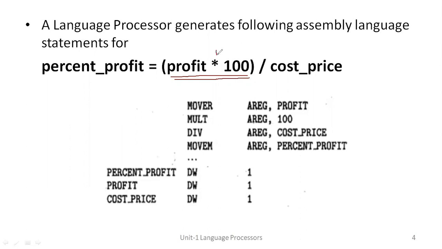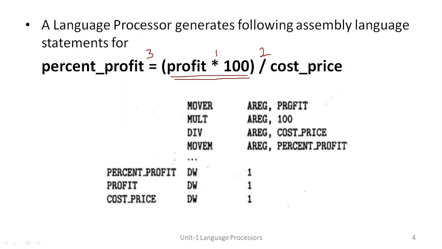So this is 1. After multiplication we'll get some result. Then we are going to do second operation that will divide 1, whatever we got, profit into 100 by cost price, and at last we will assign the value to percent profit. So this is what we are going to do here.